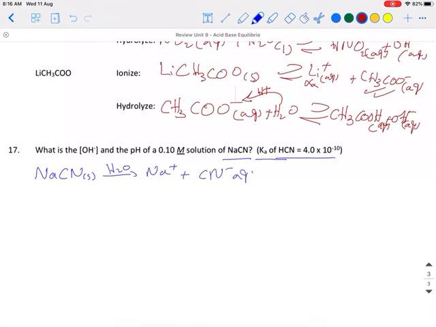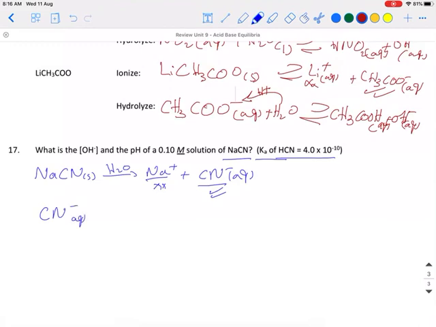There is no OH minus here. Na plus comes from a strong base, NaOH, so the ion has no affinity to water, while CN minus comes from hydrocyanic acid, which is a weak acid, so it has affinity to water.